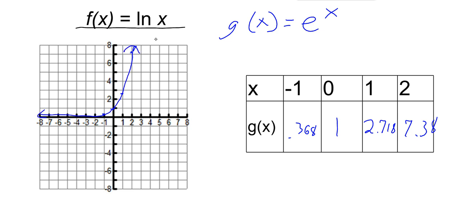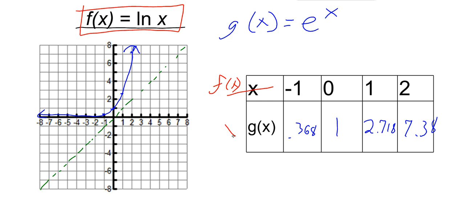And I'm going to use that and think of that as a reflection across this y equals x line. I'm going to now be able to graph my natural log by just interchanging these points. So now this is f of x, and this is x.